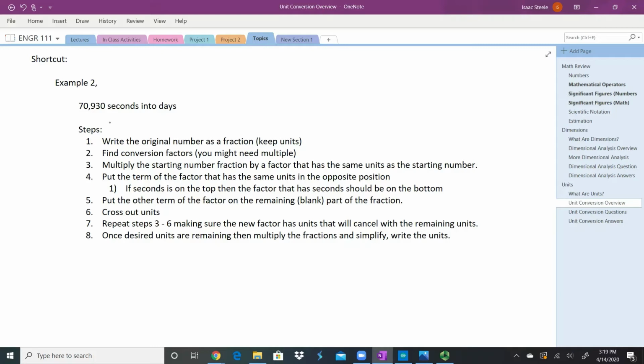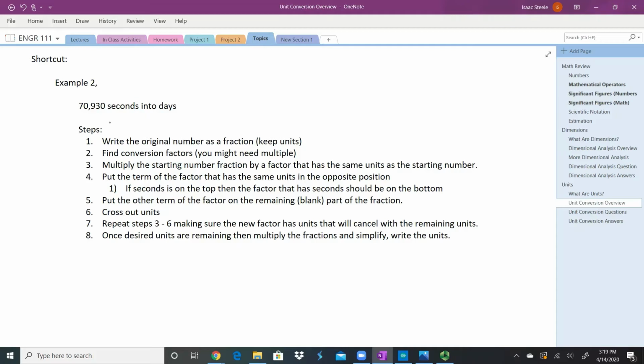You're going to put the term of this factor that has the same units on the opposite position. So if seconds is on the top of your original number, seconds on your factor is going to be on the bottom. And then you're going to put the other term of your fraction, the other side of your factor.